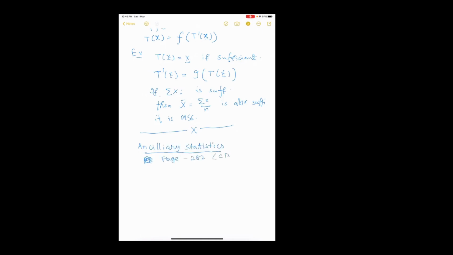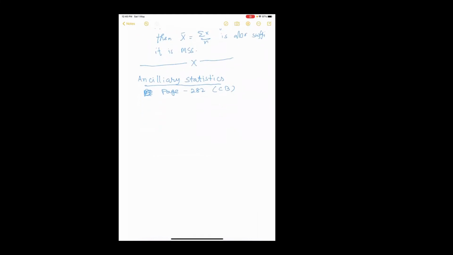A statistic S of x tilde whose distribution, basically it means whose sampling distribution, if x tilde is a random variable, then S of x tilde will also be a random variable and it will have its own distribution, but its distribution does not depend on theta, is called an ancillary statistic.